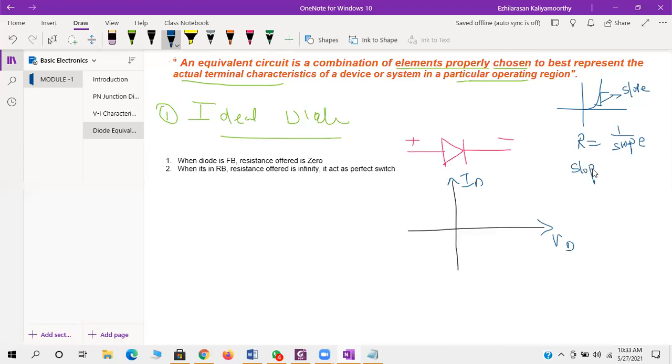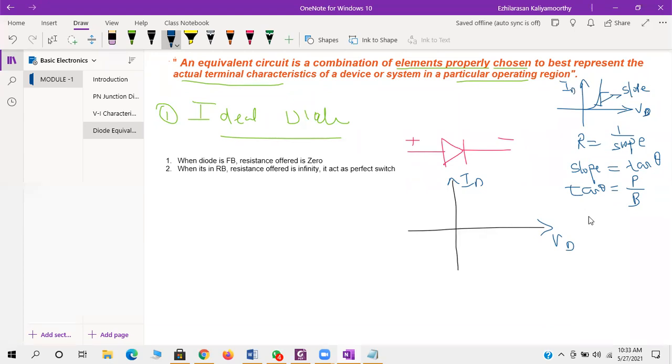So what is the slope here? The slope is nothing but tan theta. As you know, tan theta is equal to perpendicular by base. Now this is perpendicular, this is base. The base is nothing but VD, and the perpendicular is nothing but ID.